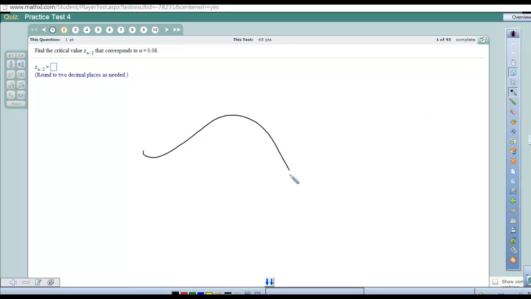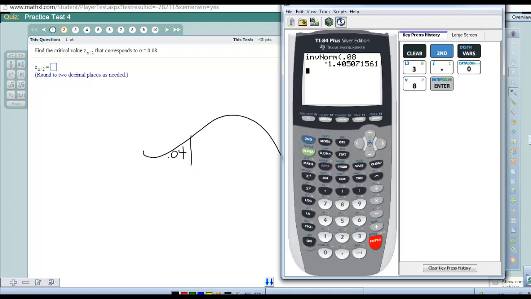That's what this notation says. We're looking for a Z value such that it has half of alpha to the left. So half of alpha would be 0.04, and so we would do inverse norm 0.04. And I got negative 1.75.